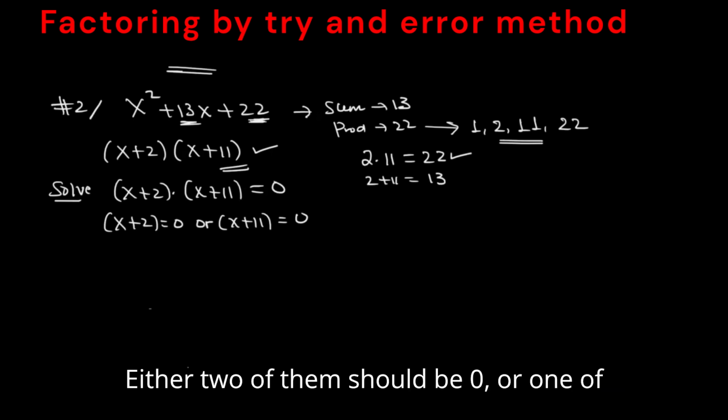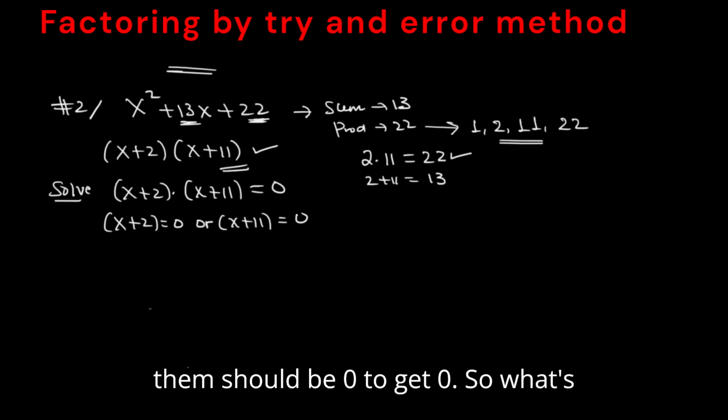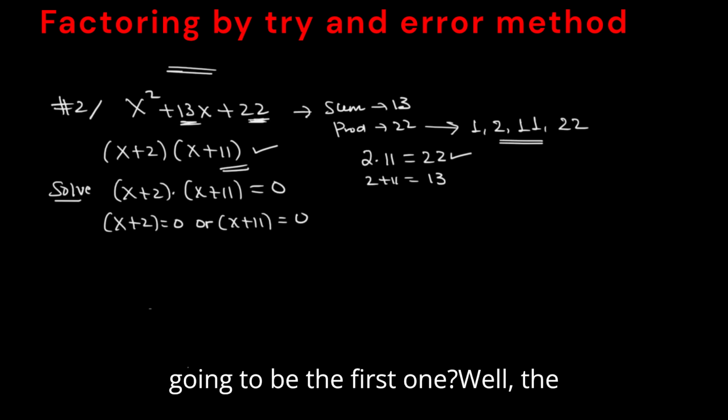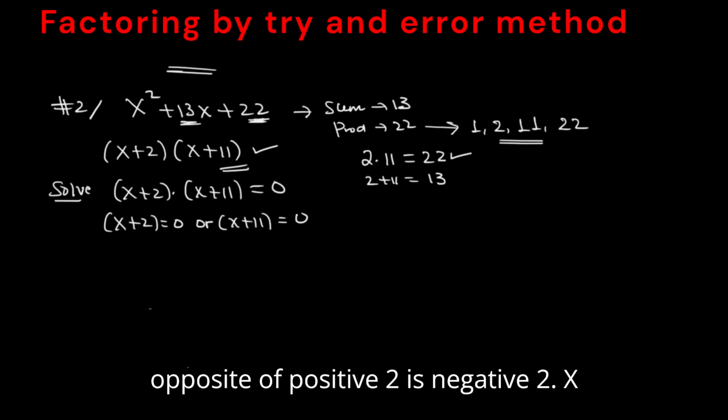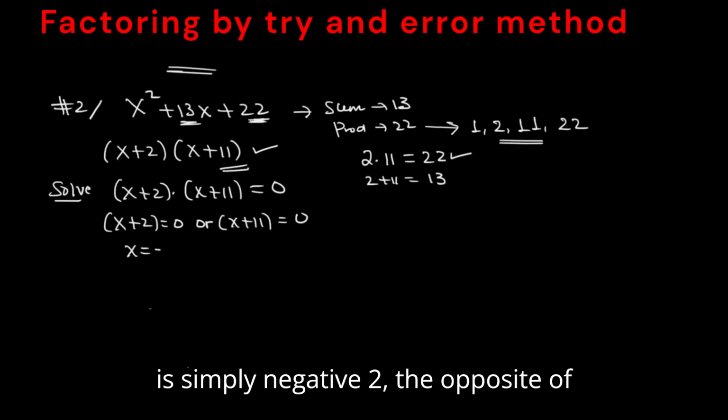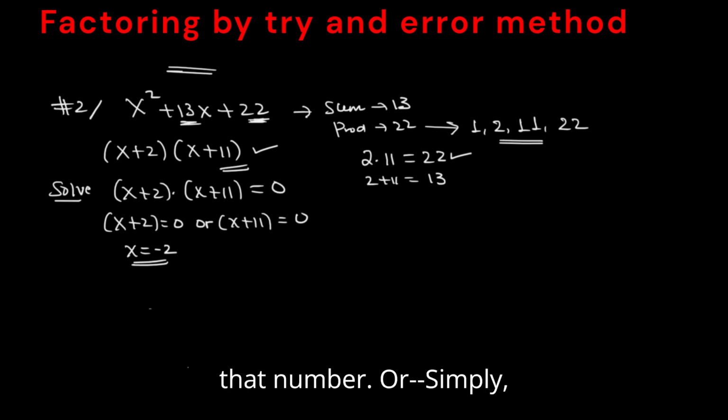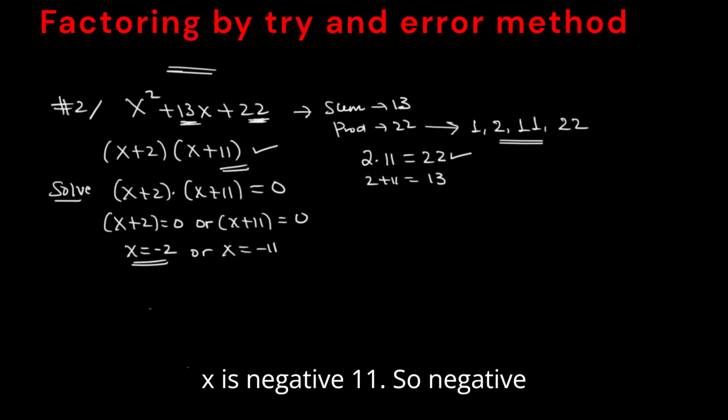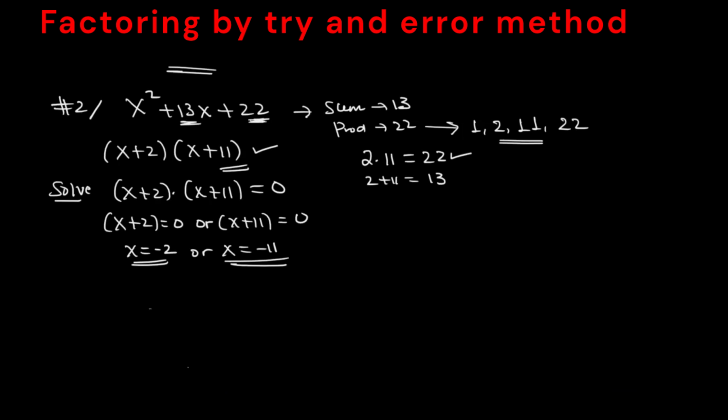Either one of them should be 0. The opposite of positive 2 is negative 2, so x is negative 2, or x is negative 11. So negative 11 and negative 2 are the solutions of this quadratic equation.